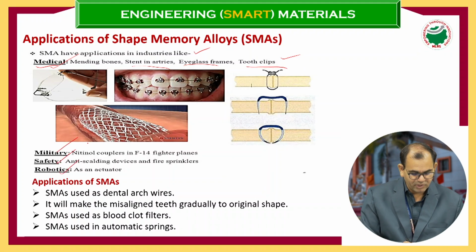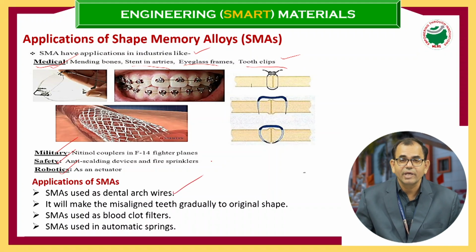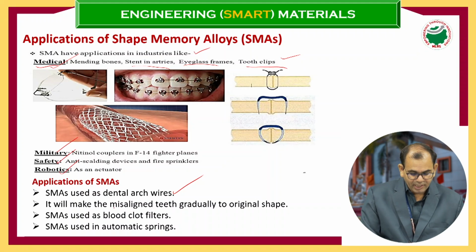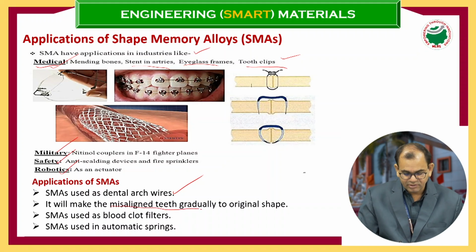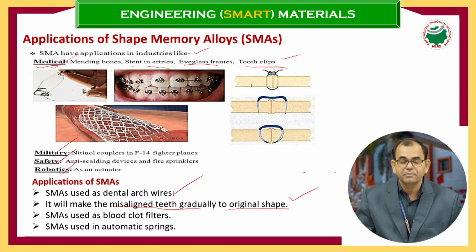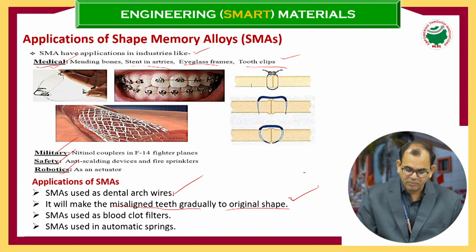Apart from this, dental braces, dental wires and clips. They will make misaligned teeth gradually go to the original shape. We all experience it in day-to-day life, many people are using these dental clips to align their teeth properly. So these are shape memory alloy applications in the dental field.